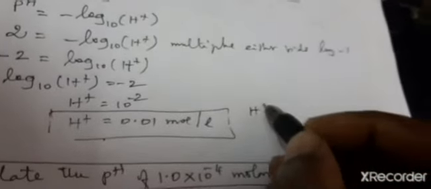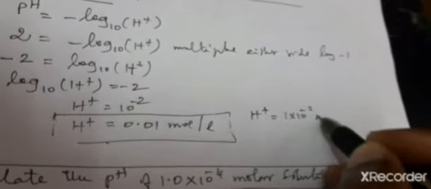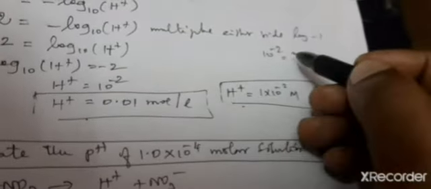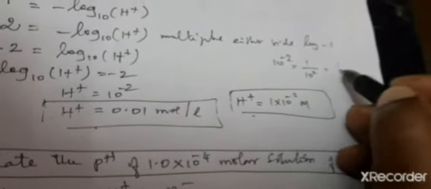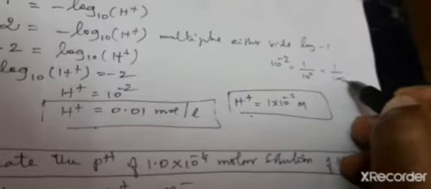H plus is equal to 1 into 10 power minus 2 M. This is also the same, because 10 power minus 2 can be written as 1 by 10 squared, that is equal to 1 by 100. So you can write in this form also. Both the answers are correct.